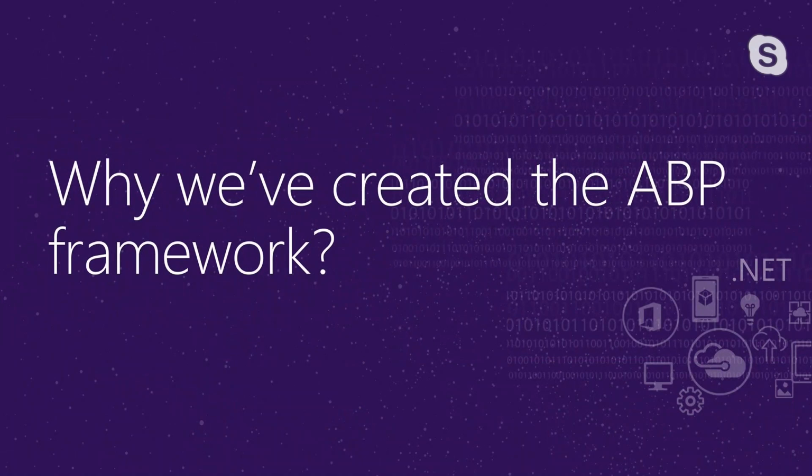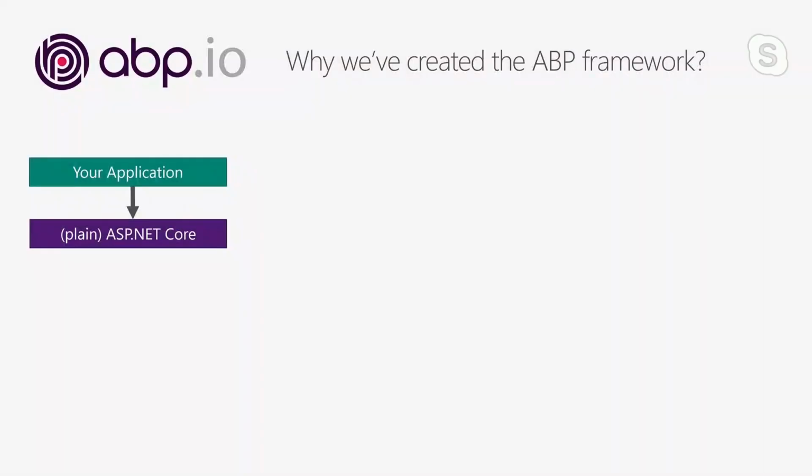First, we should understand why we need such a project and why we have created it. If you are building your applications on top of plain ASP.NET Core, you mostly find yourself repeating yourself to build a similar infrastructure again and again.